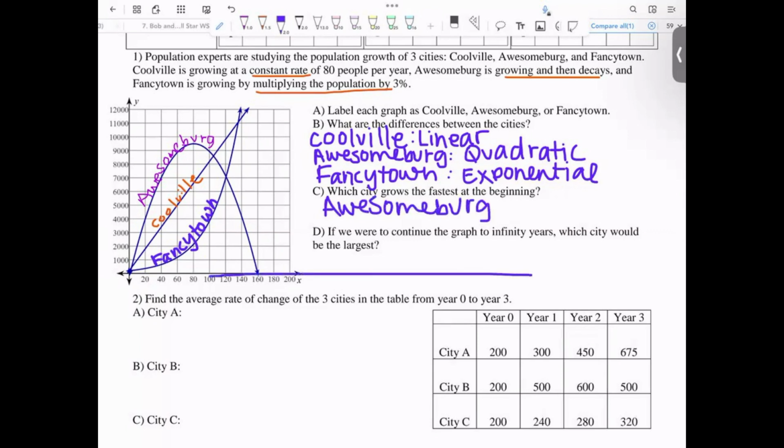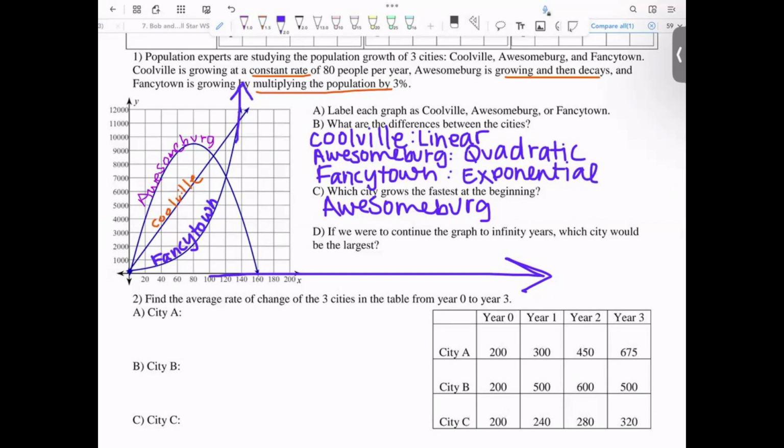But if we continue this to infinity, if we just keep mapping these 3 cities from now to eternity, Awesomeburg is not the highest because it goes back down. And so we're looking at Coolville and Fancytown. Coolville is definitely higher than Fancytown until right before 140 years. Fancytown surpasses it.